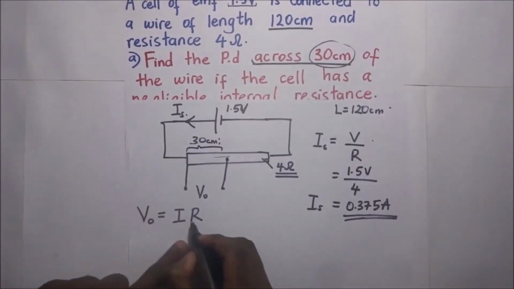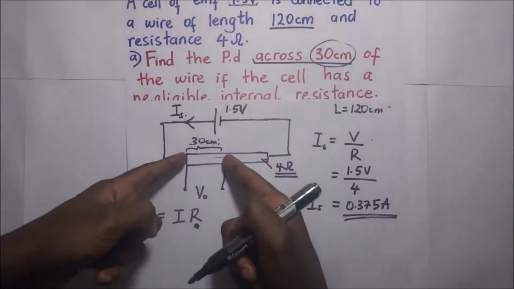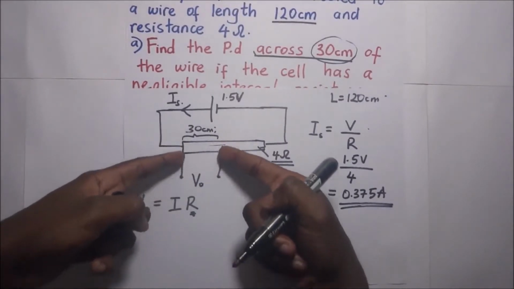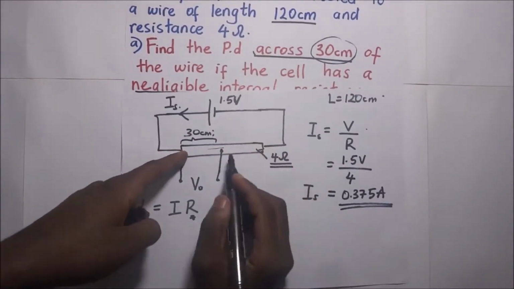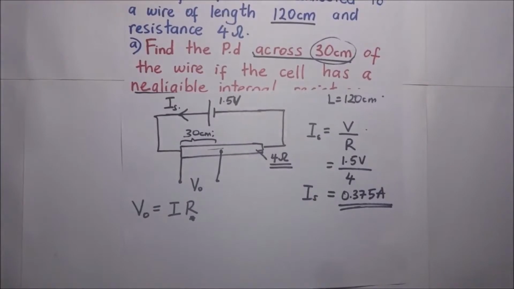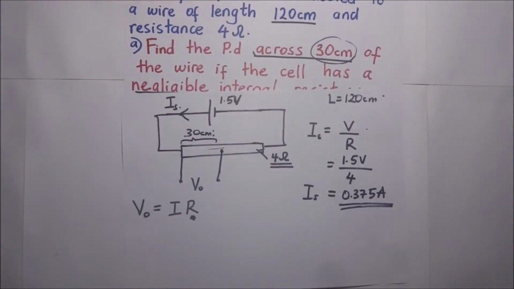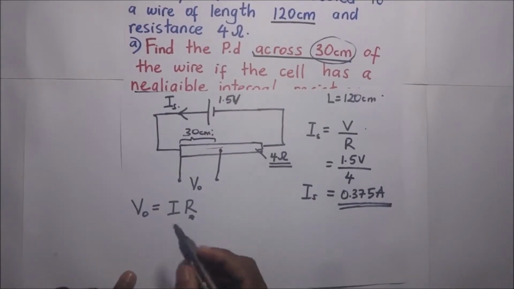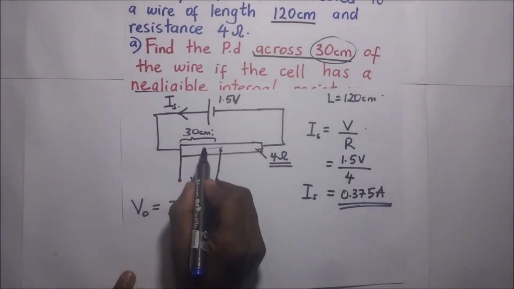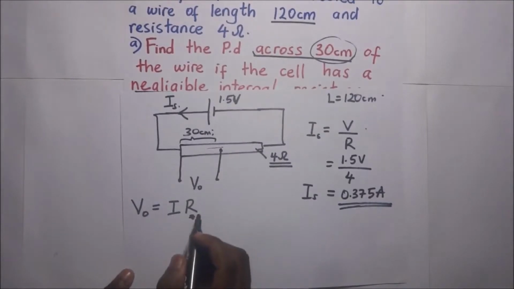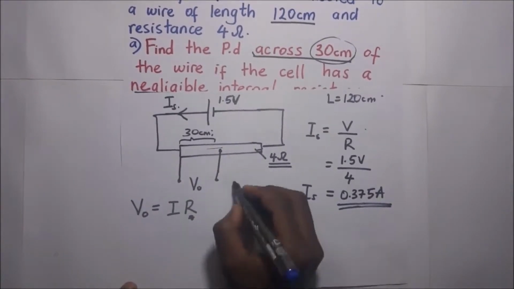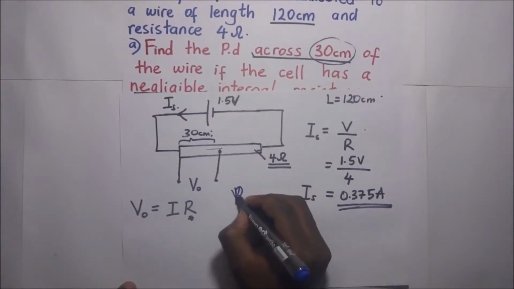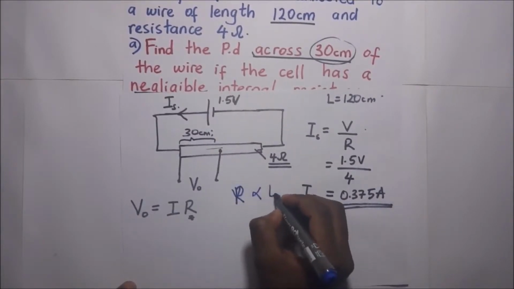Now what about the resistance of that portion of the wire? Because we are required to find the potential difference across that portion of the wire. Remember earlier I said that resistance is directly proportional to the length.